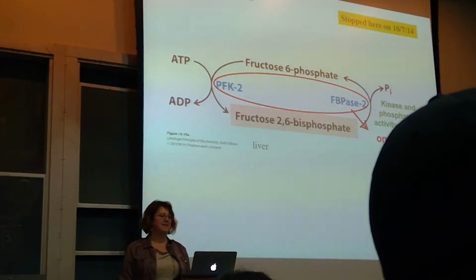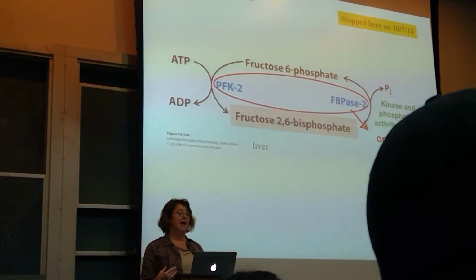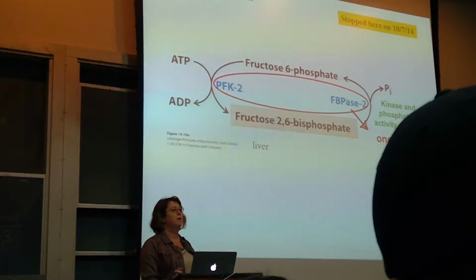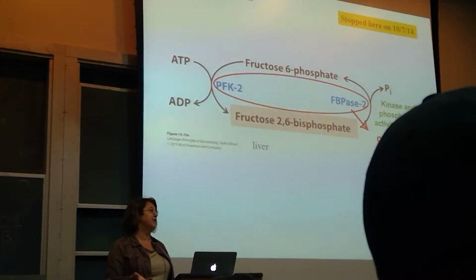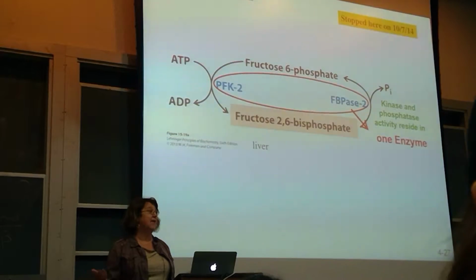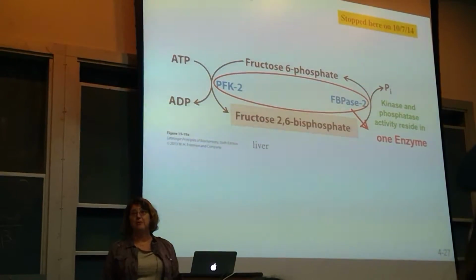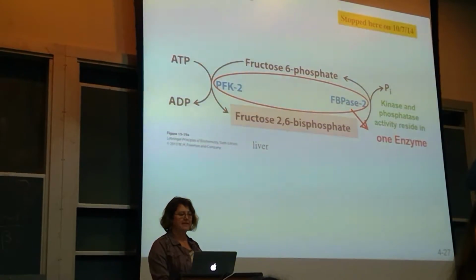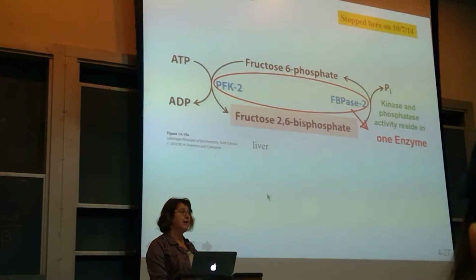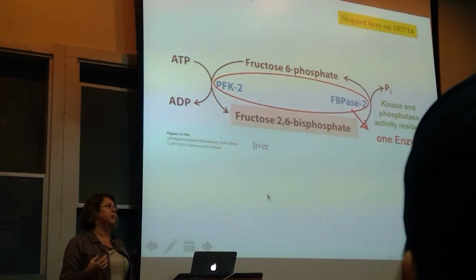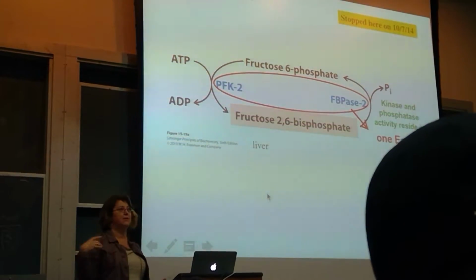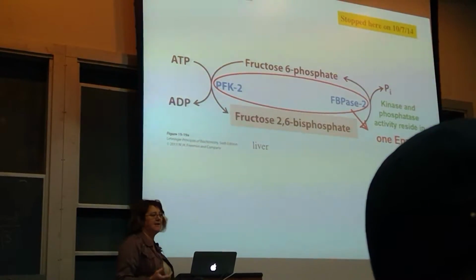So how does this, just to show you again, how is this modulated? So I told you that this was not an intermediate, so then your first question should be like, well, how is this made, and how is that level controlled if it has such a big influence? So basically, it's made in the liver, and we know the liver is really important to controlling the amount of glucose, and whether it's going to the blood, whether it's going to storage, how it's being utilized.